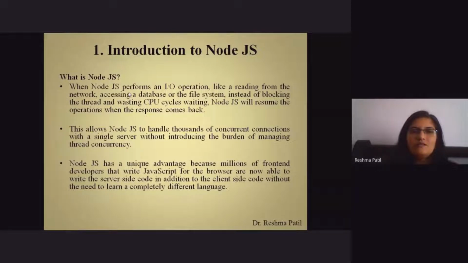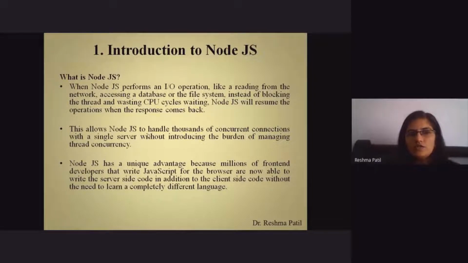Till that time, Node.js will execute a second process. So the second process execution is going on, and the input-output operation is also going on. After completing that input-output operation, the process comes back to Node.js for execution of the remaining part.